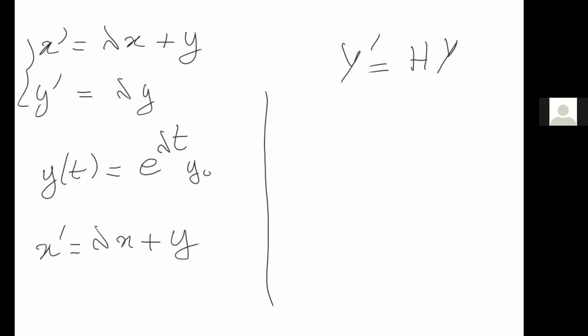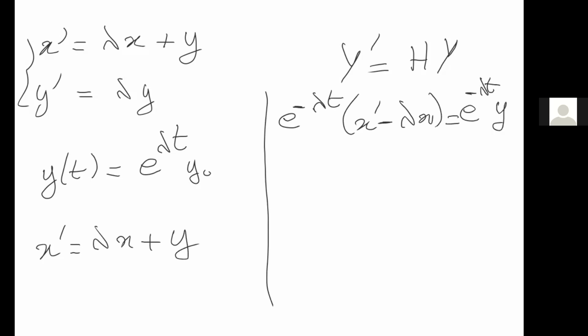So again, if I multiply this equation by exponential minus lambda t here, I recognize here the derivative of exponential minus lambda t x.